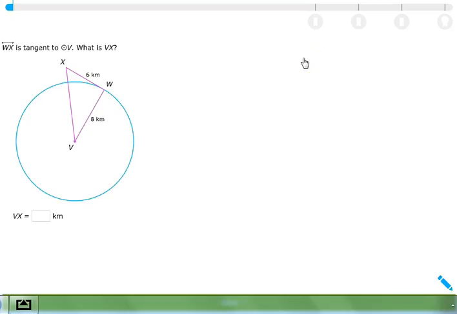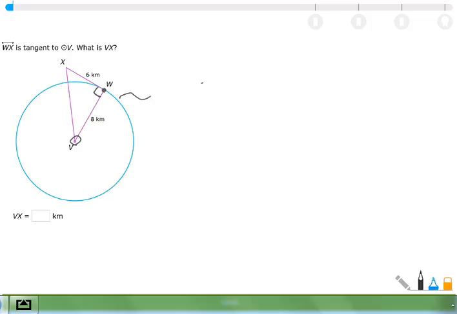Okay, so starting out, it says WX is tangent to circle V. So that gives us a lot of information here. That tells us that this is the center. That tells us that since this is tangent, we can assume, it doesn't say clearly, but this is assumed to be the point of tangency. And so we have a right angle. So now we've got a Pythagorean theorem here.